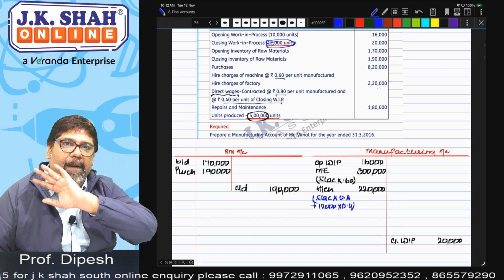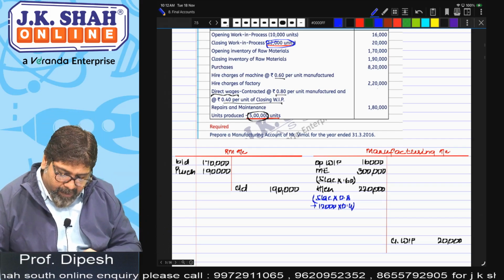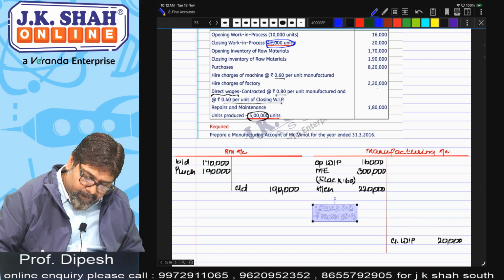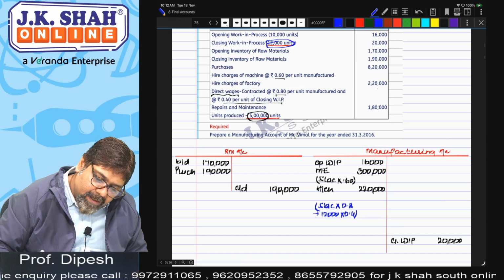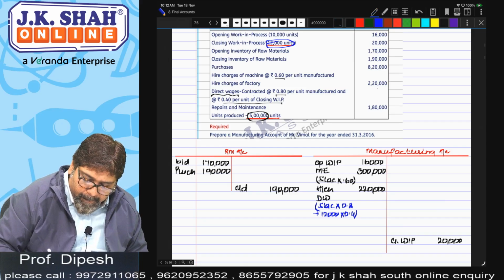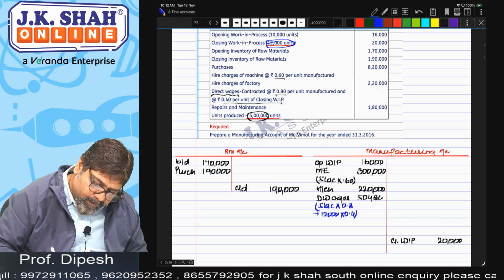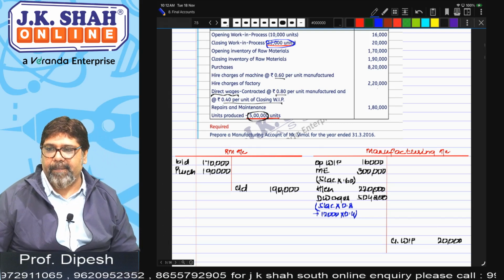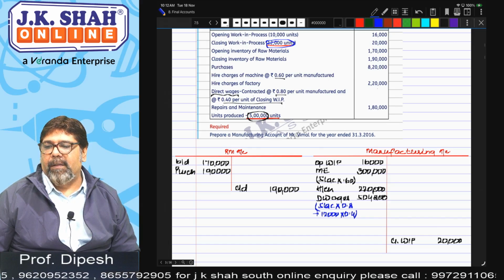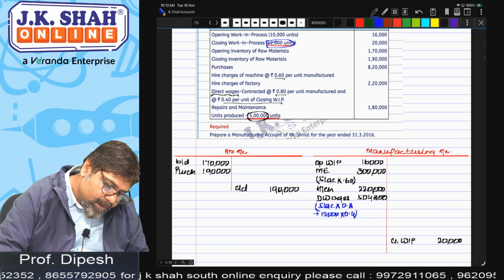Units which are completely manufactured at 80 paisa and WIP at 40 paisa. So that is direct wages, 4,800. Purchase is 8 lakh 20.